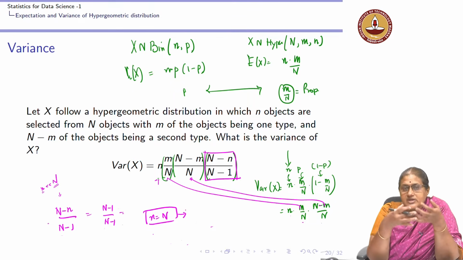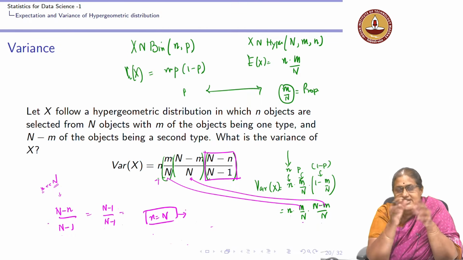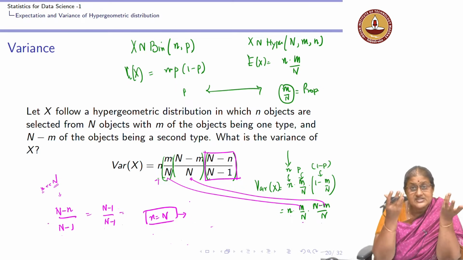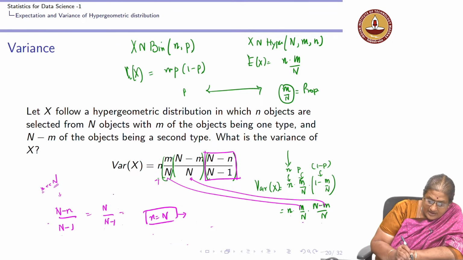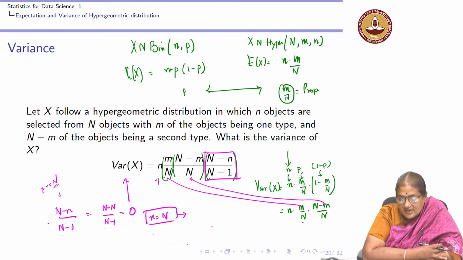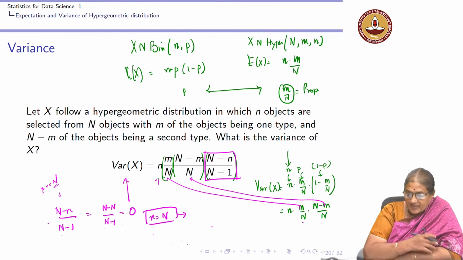Different samples only are going to give me the variance of x. X is just going to take a single value. So, the variance of x in that case is going to be 0. If n equal to N, you can see that I have N minus n which is equal to 0, which results in variance of x being equal to 0.